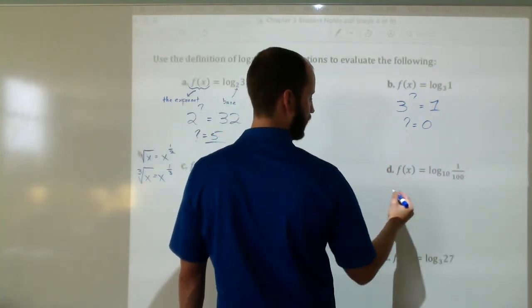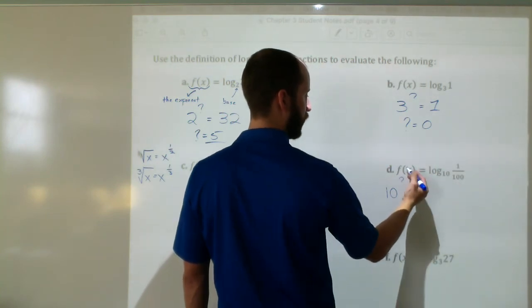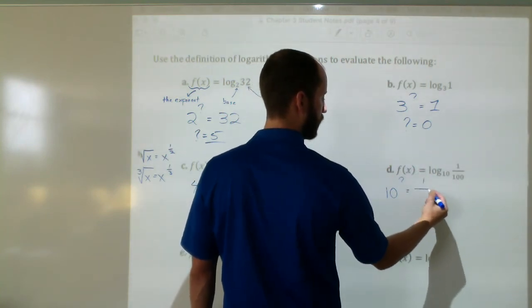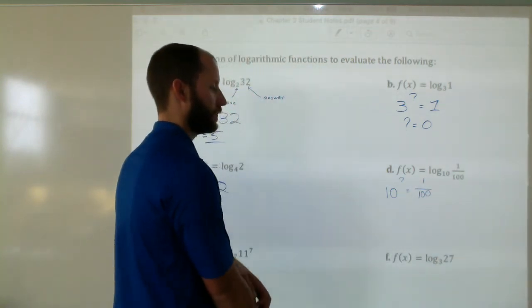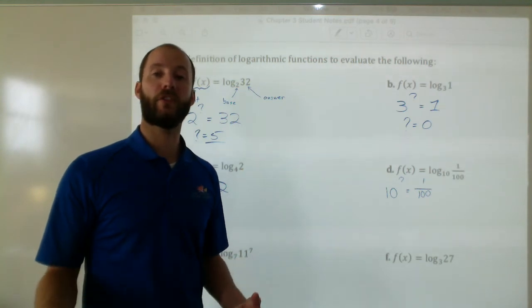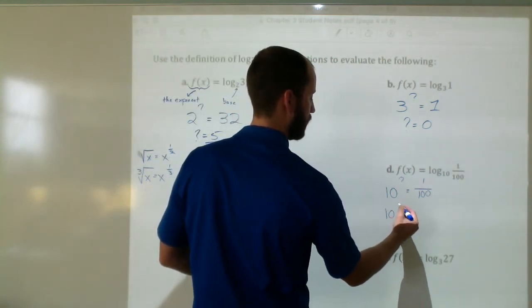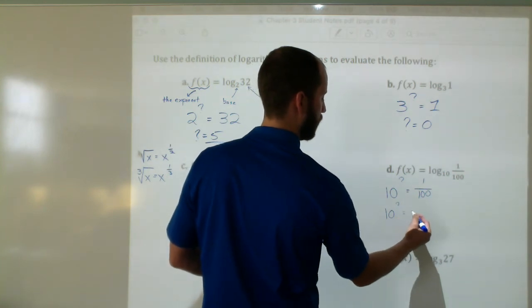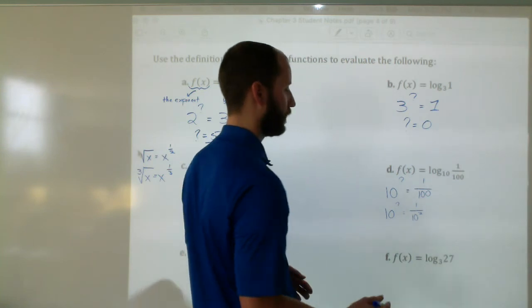Here, my base, 10, raised to some power, cross over, equals 1 over 100. Now 100, let's try and use that one-to-one property. 100 I can rewrite as 10 squared. So 10 to a question mark equals 1 over 10 squared.